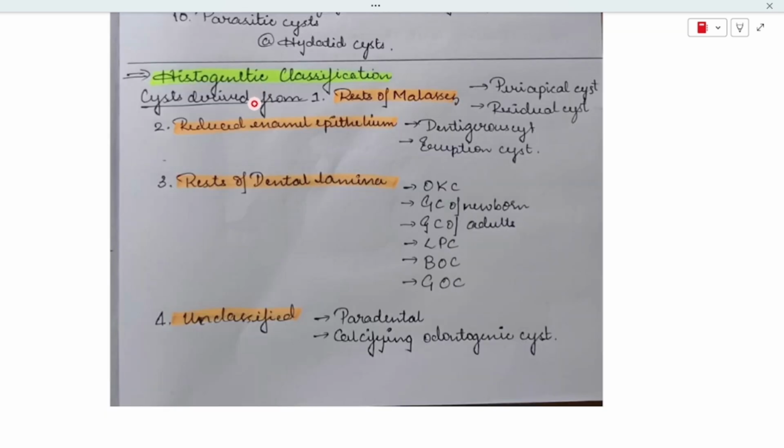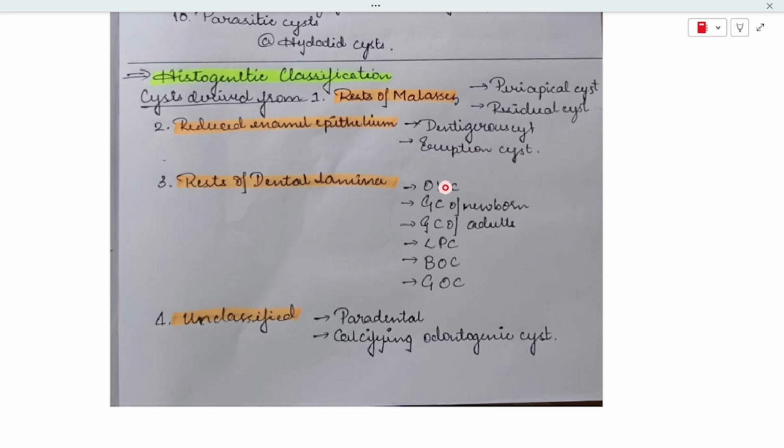The second classification is the histogenetic classification, which is based on the histopathology or histology of the cyst. If the cysts are derived from cell rests of Malassez, periapical and residual cysts are classified under this. Dentigerous and eruption cysts are classified under reduced enamel epithelium.